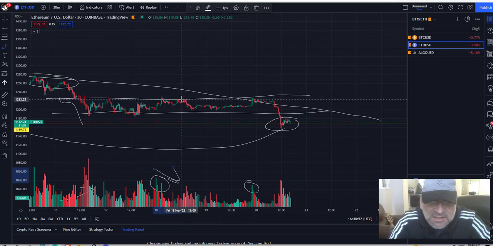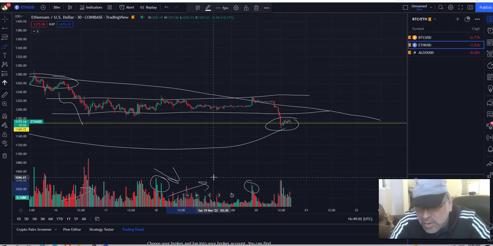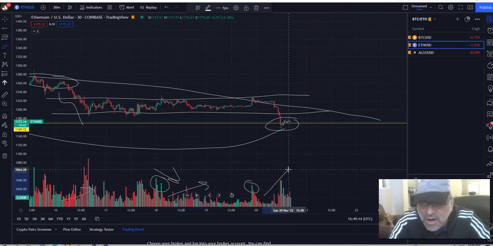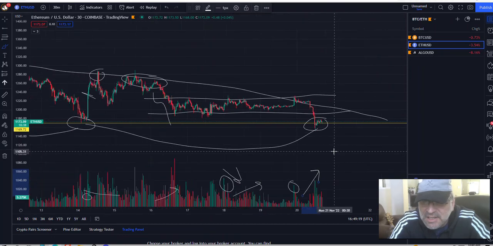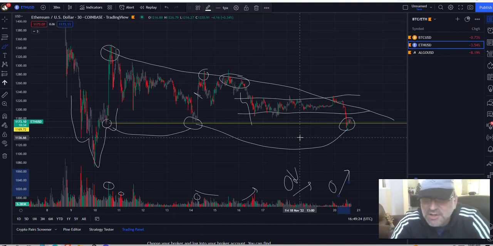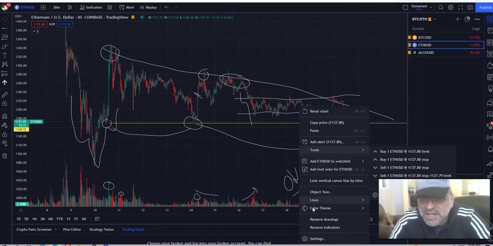It's like hugging the resistance of this channel, and we've gotten an increase of supply on this pullback. And then here it looked like it was going to break, but instead it was another failure to rally. And now we've come back down to the floor, and on the pullback to the floor, again, we see an increase in supply. So my bearish bias is not changed for this present range.